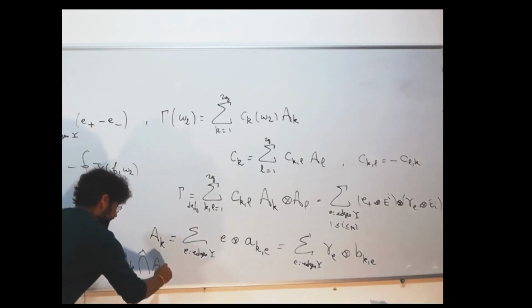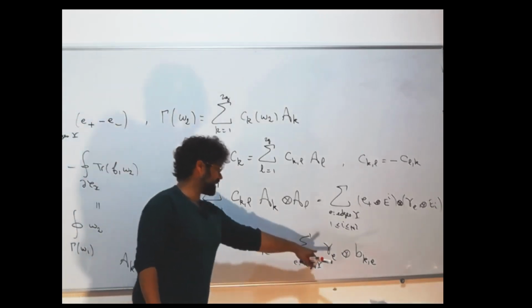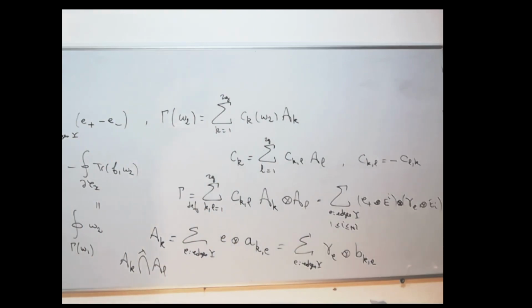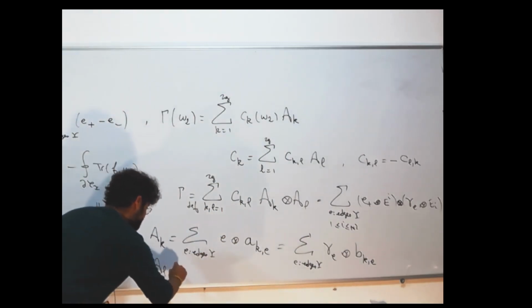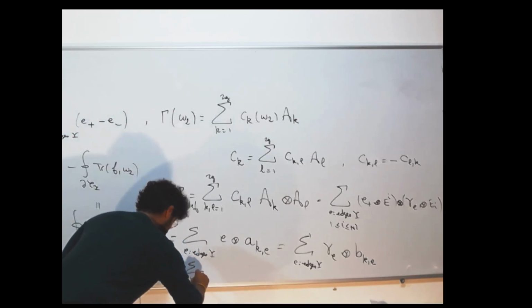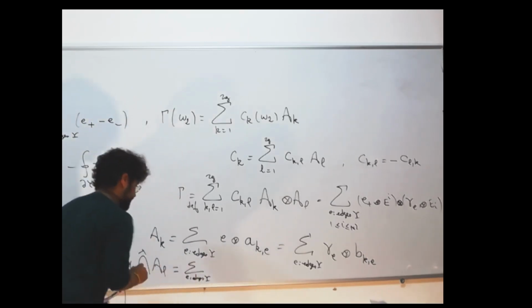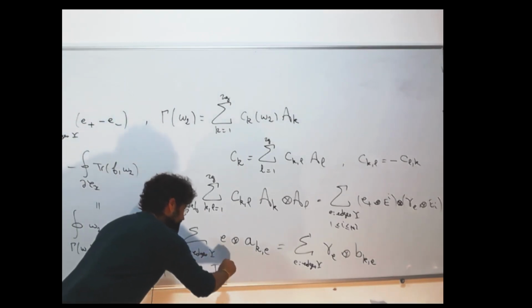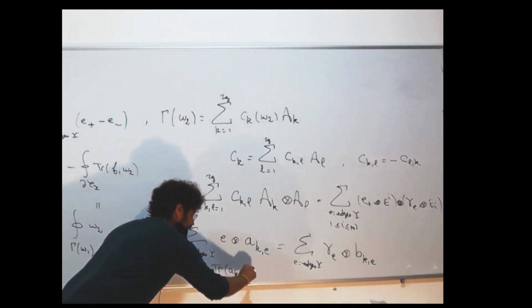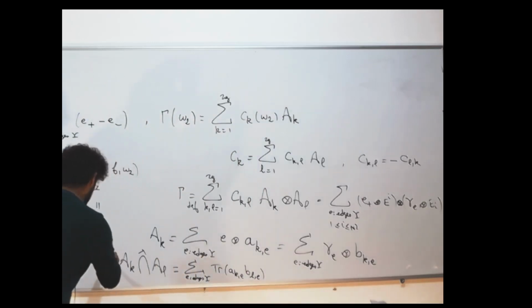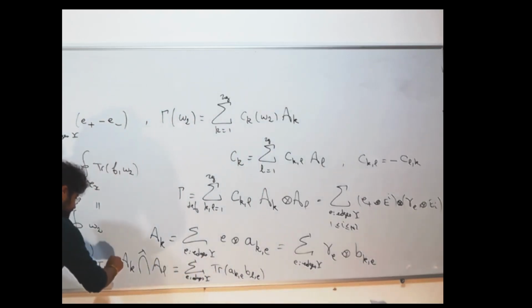And since by definition of the dual graph, gamma E only intersects the edge E in one single point, then this becomes the sum over the edges of epsilon, of now the trace of A, K, E, B, L, E. Okay, and that was I, K, L, the intersection matrix.